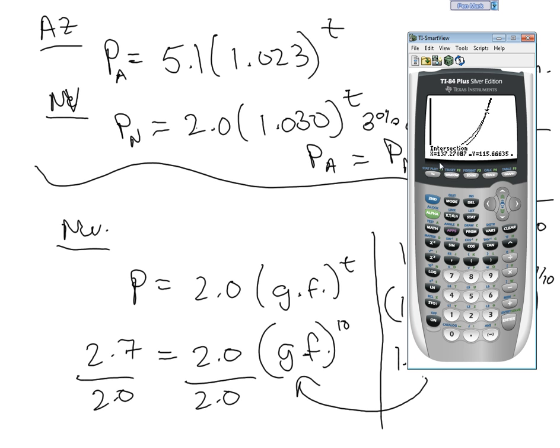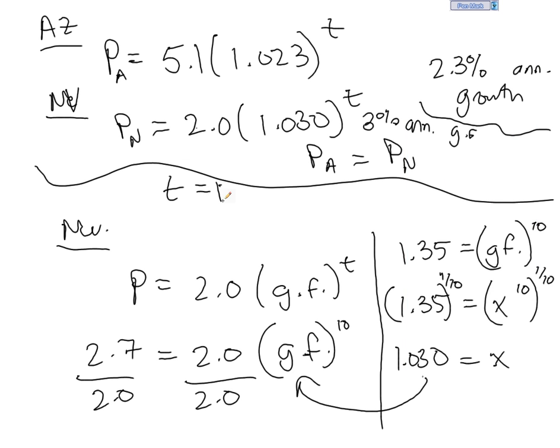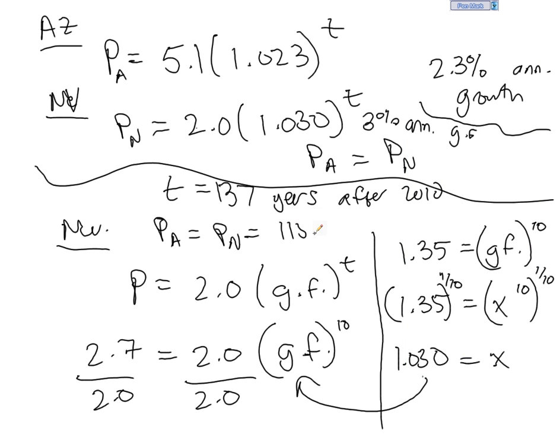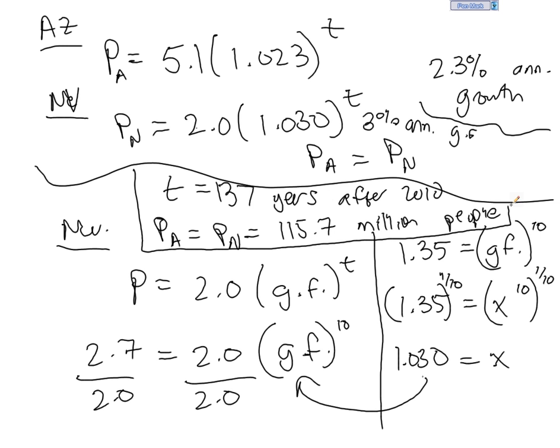So x is my years, and this is after 2010, and the population for Arizona, which is the same as the population for Nevada, will end up being 115.7 million people. So of course we could probably pretty confidently say that all things the same, it probably would take a very long time, if ever, for Nevada to exceed Arizona.